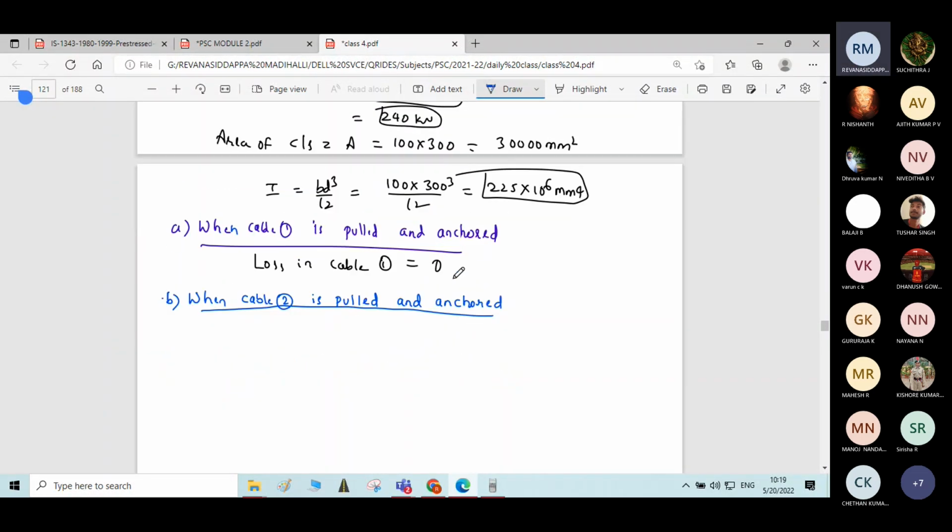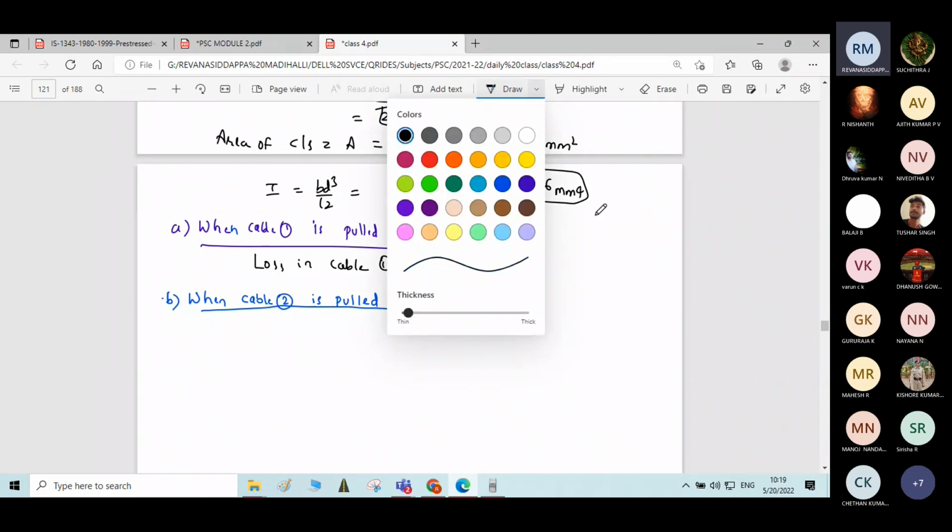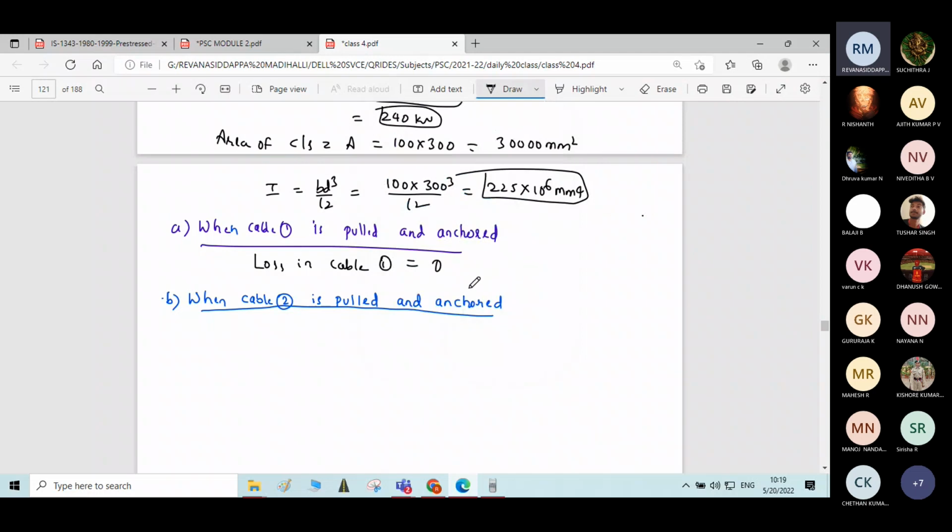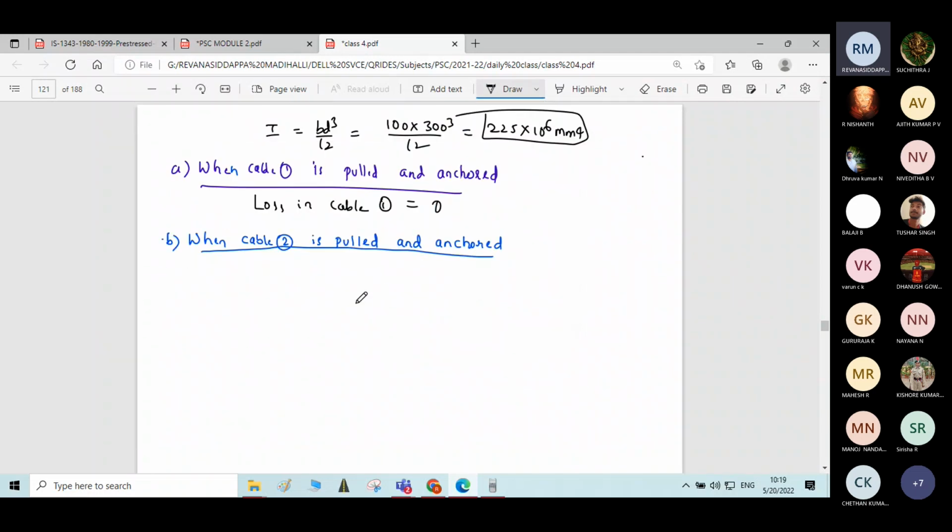Now we have to calculate loss of stress in cable 2 and loss of stress in cable 1, because after cable 1, cable 2 is stretched and anchored, so due to the stretching in cable 2, there will be loss in cable 1. The loss in cable 2 will be 0, but there will be loss in cable 1.